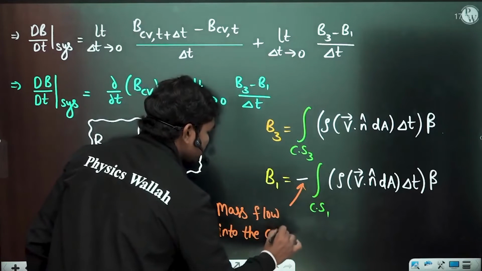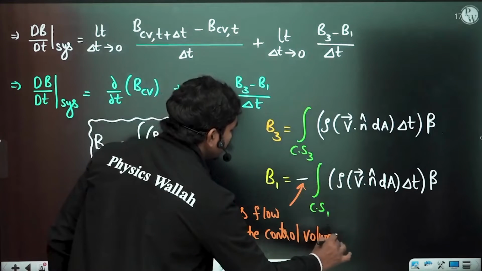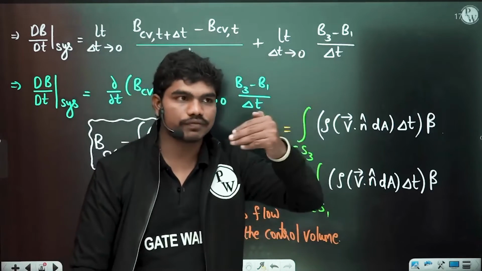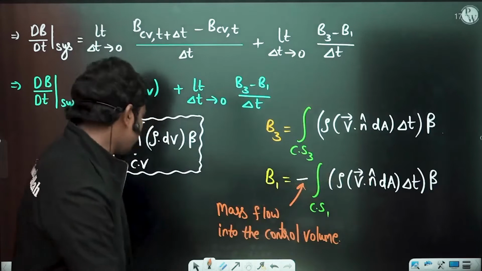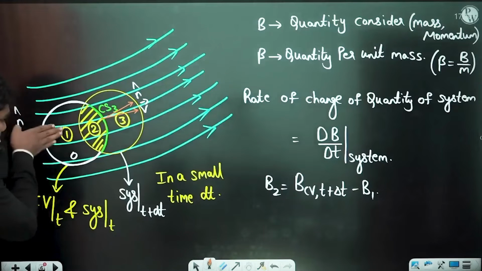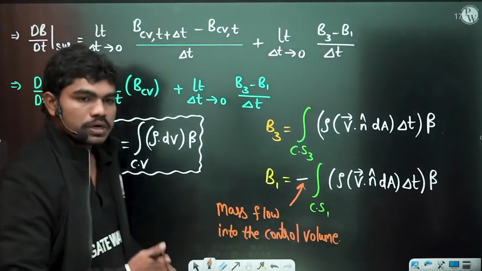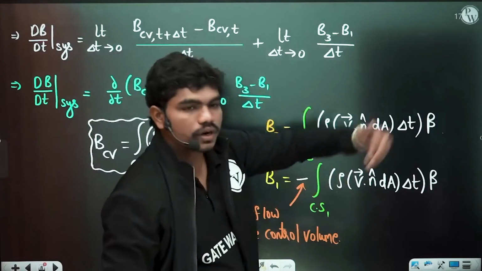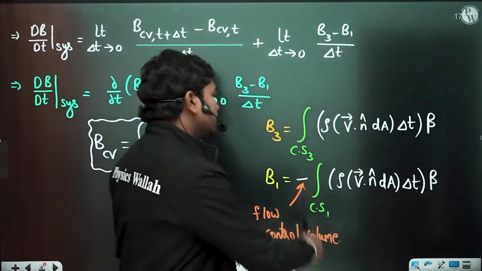Why have we taken a minus? Because n cap is the outward normal vector. For any surface it's the outward vector, but the velocity which you are taking for B1 considers the quantity which is actually entering this system. So this minus sign is due to the mass which is flowing inside, because n cap is outward to the surface and the fluid is coming into the surface.